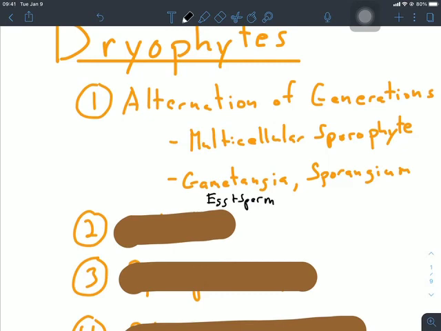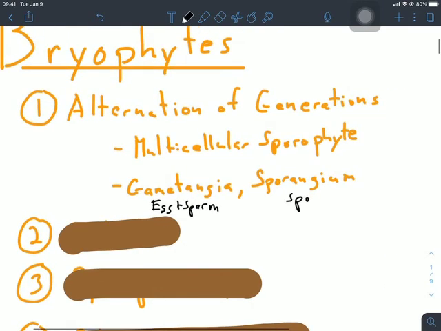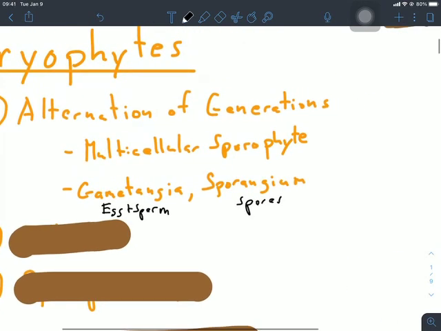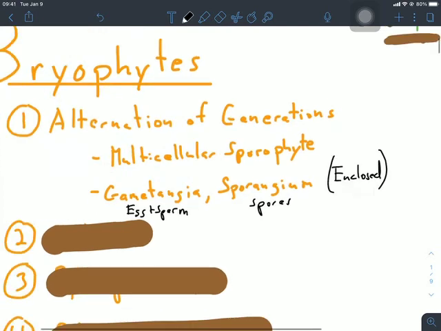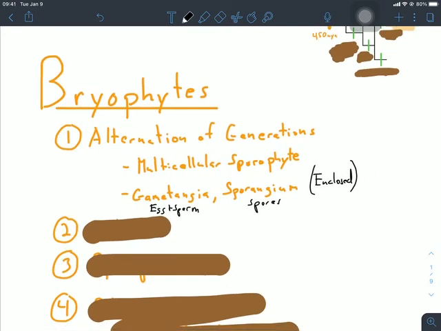And then the sporangium are the things that make the spores. And what else is important about these structures is that they're enclosed. They are now protected from the environment. This is very important in helping these cells survive in a dry environment.